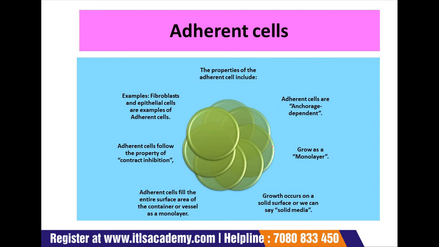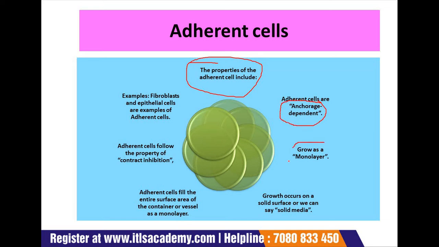These cells adhere to the solid surface and produce a cell population in a monolayer pattern. Adherent cells are sometimes referred to as confluent cells, where the cells merge to fill the surface area. The properties of adherent cells include: first, adherent cells are anchorage dependent.